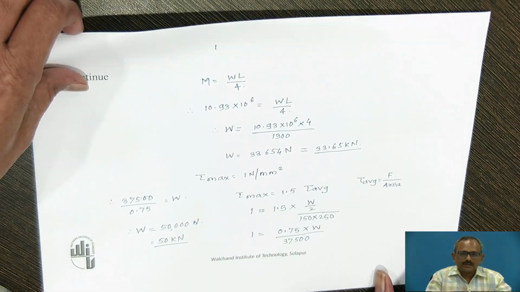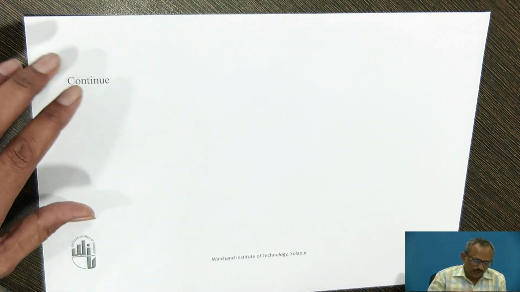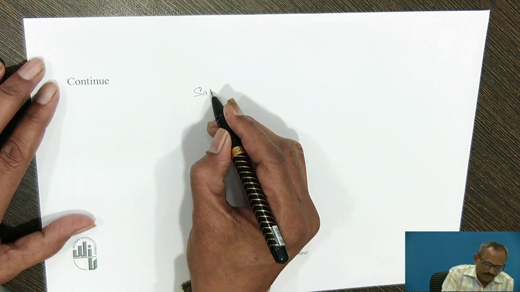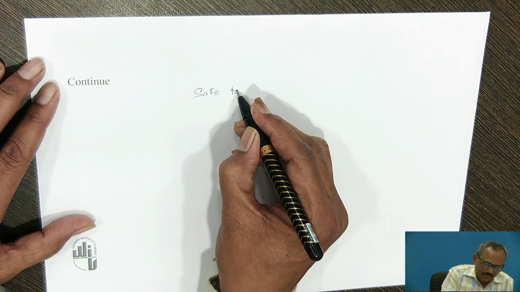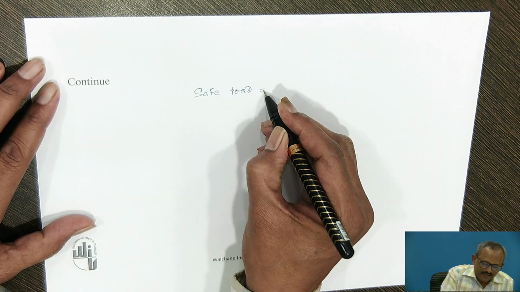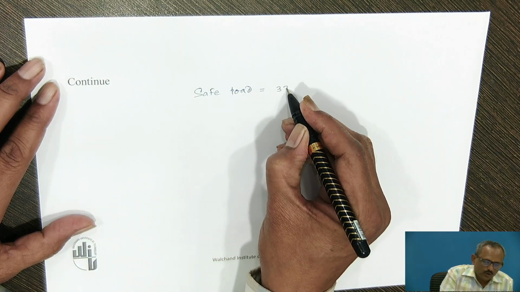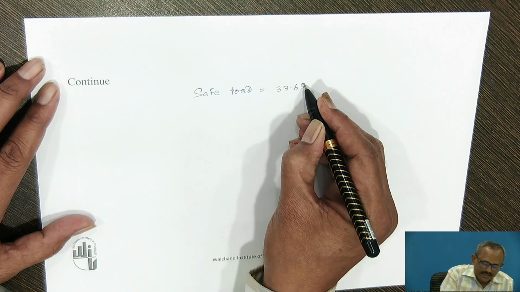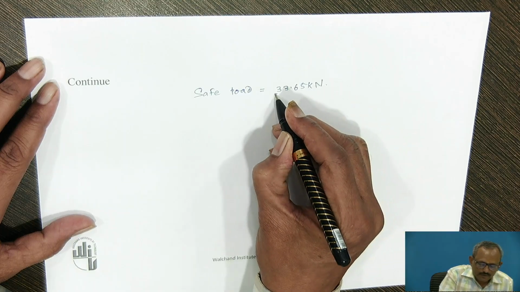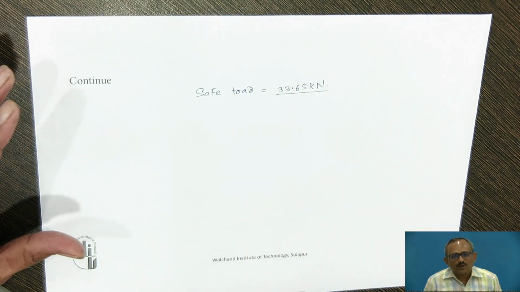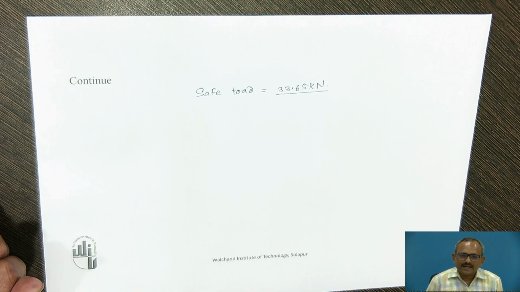Henceforth the safe load to which the beam is subjected is 33.65 kilo Newton, which is the least of the two, and hence the safe load is obtained by bending stress consideration.